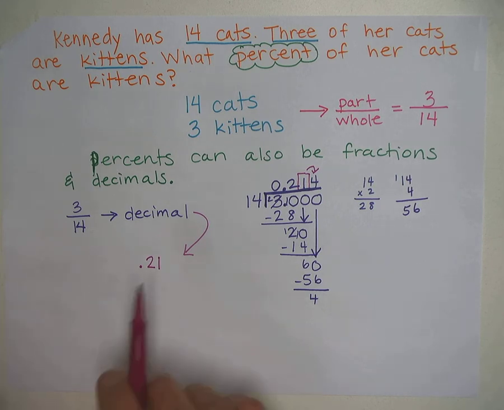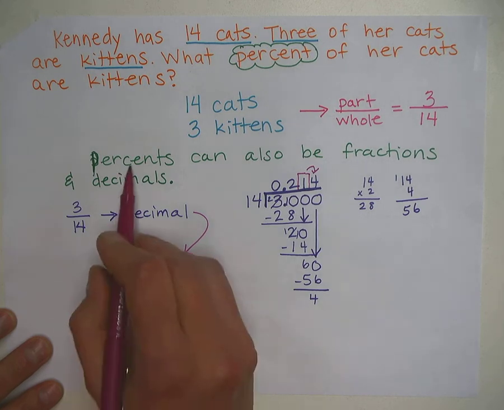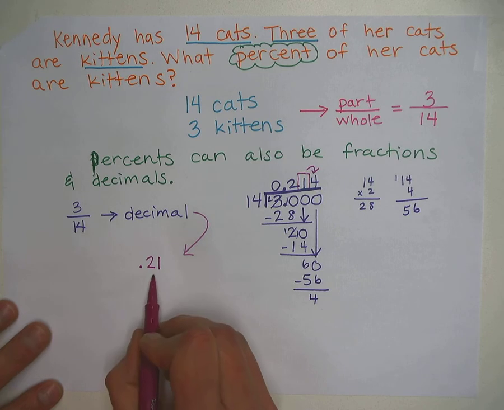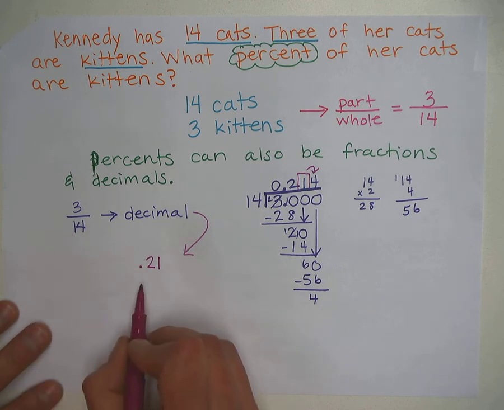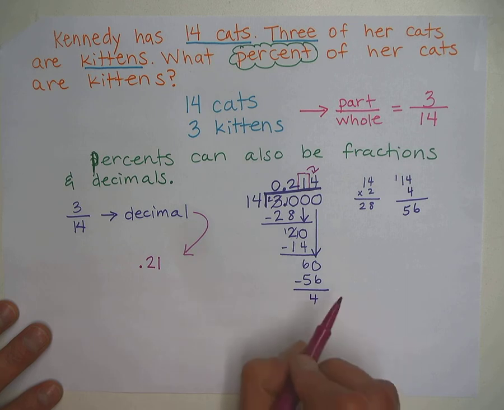So when you have a decimal, now percents can also be fractions and decimals. Once you have your decimal from your fraction, then turning it into a percent is pretty simple. All you need to do is move the decimal over.